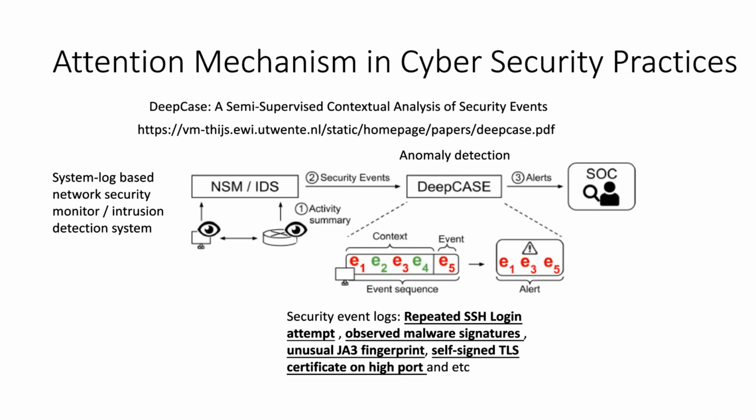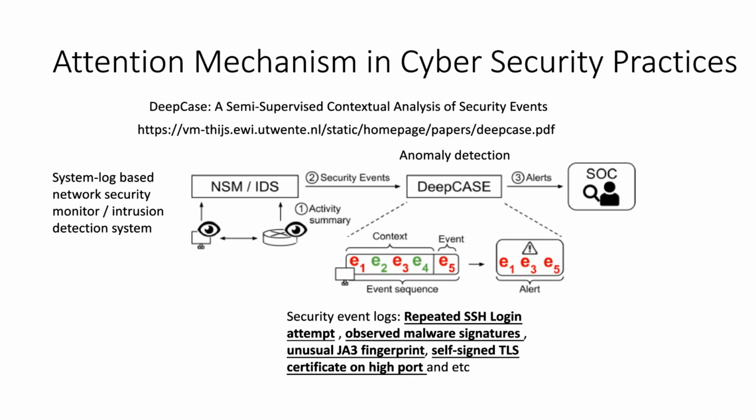The basic use case in this paper is: supposing we have a system log-based network security monitor. This monitor collects logs of security events. The events can be benign or malicious, and we collect them with a timestamp. At timestamp 1, I observe this log, and at timestamp 2, I observe another log.